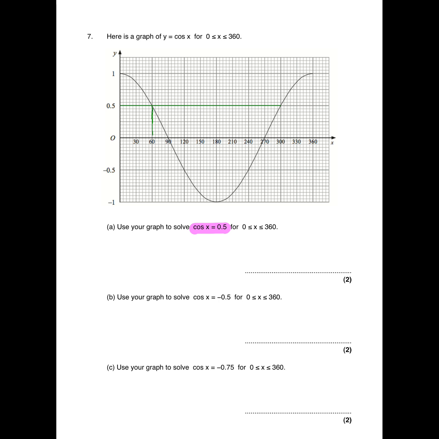Once here at 60, and once here again at 300. So my answers for cos x equals 0.5 are 60 and 300.